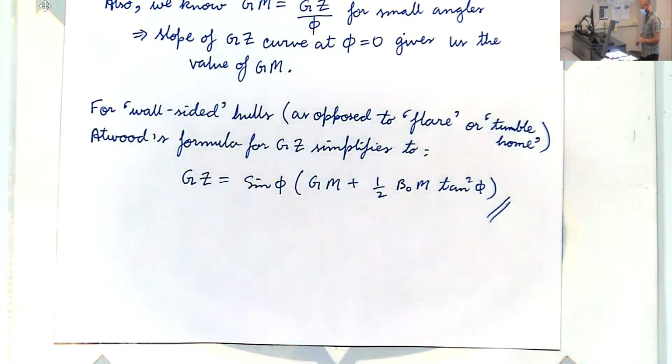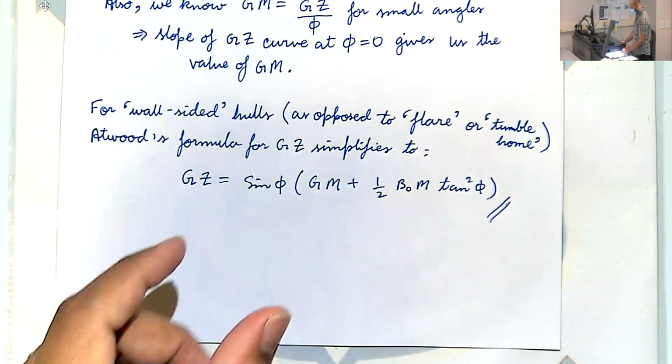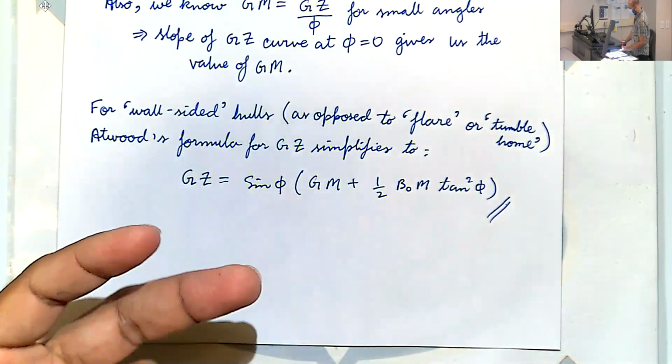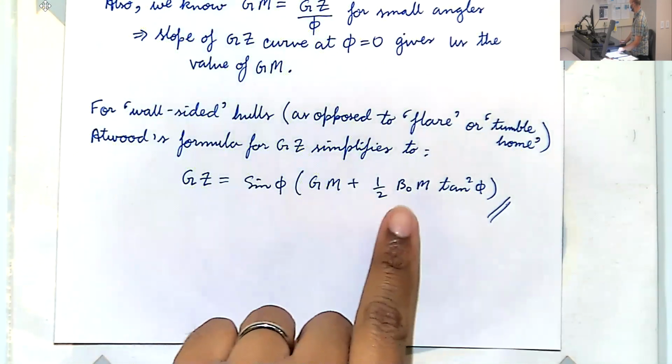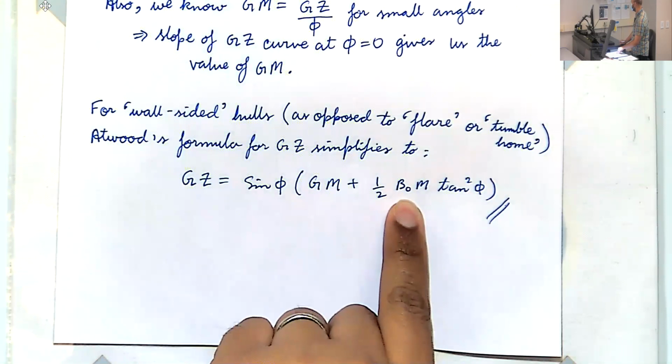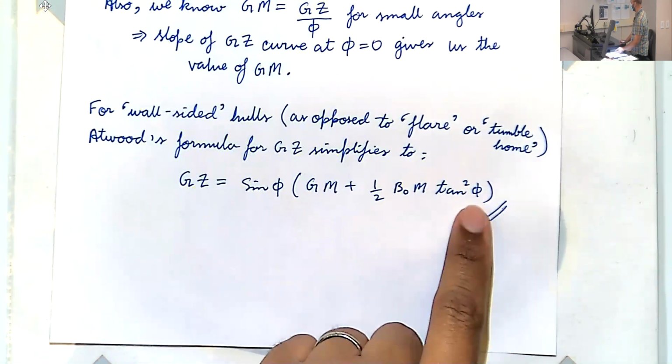This is much nicer because we don't need to compute the HE, HI, or little v. We just need to know the GM, the initial center of buoyancy, and the angle phi. That's it.